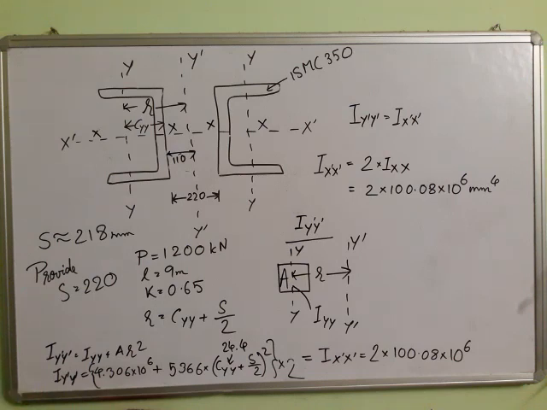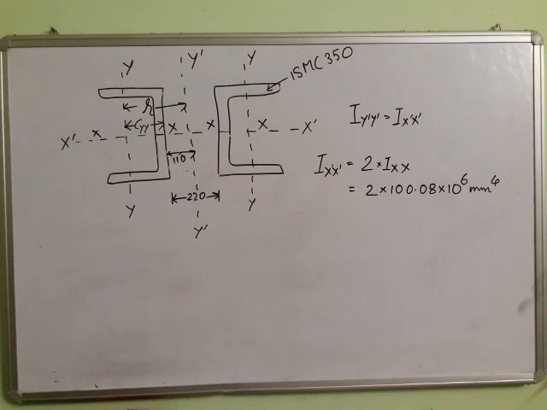So this is one important step that we have completed, to find out the spacing for which y dash and x dash are same. It means now we are providing a spacing in such a way that the built-up compression member is equally strong in both the directions.